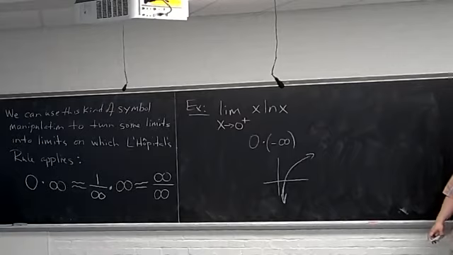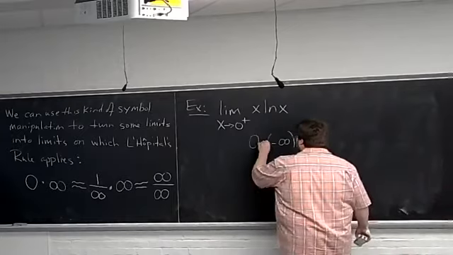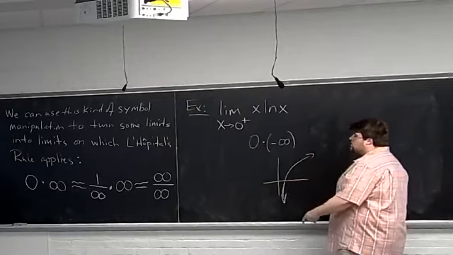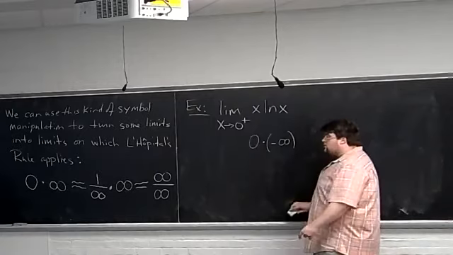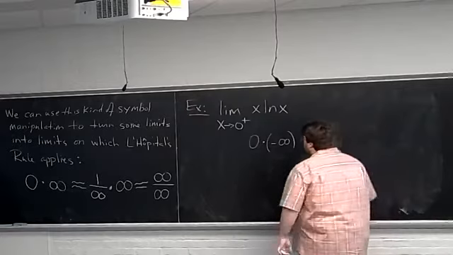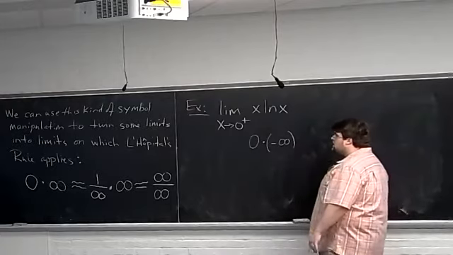Now, L'Hopital's rule doesn't apply to a limit which takes this form. It doesn't directly apply to a limit which takes that form. We need to write it as a quotient so that it's a 0 over 0 or an infinity over infinity. Now, that can be done by putting the infinity in the denominator.